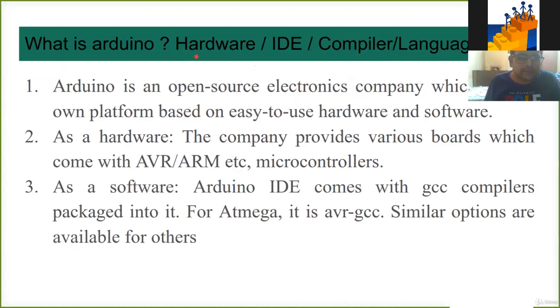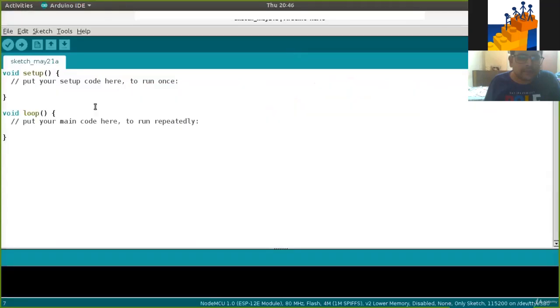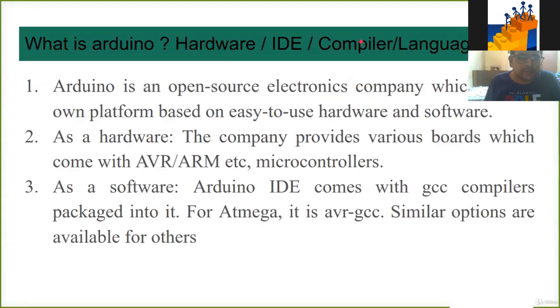It is hardware, it is this software, it is a compiler, and as well as a programming language. We call the setup of hardware plus IDE plus compiler plus the language all together Arduino.